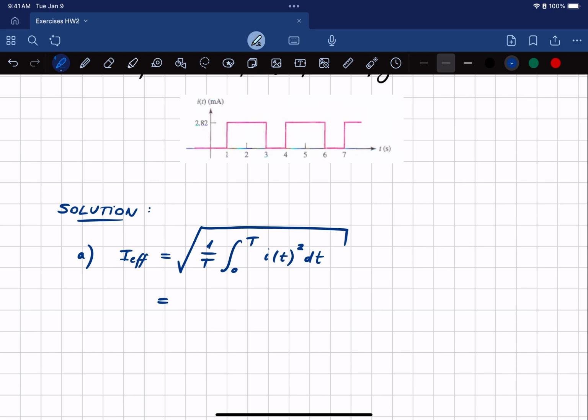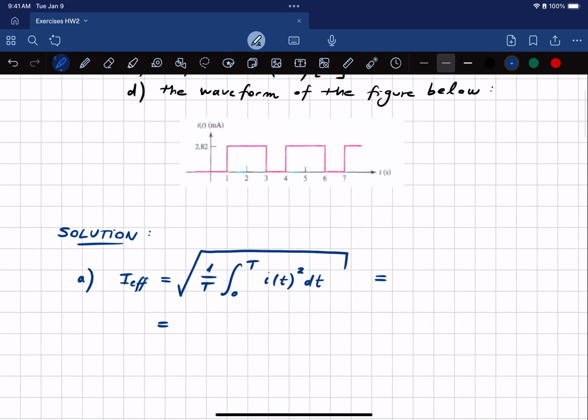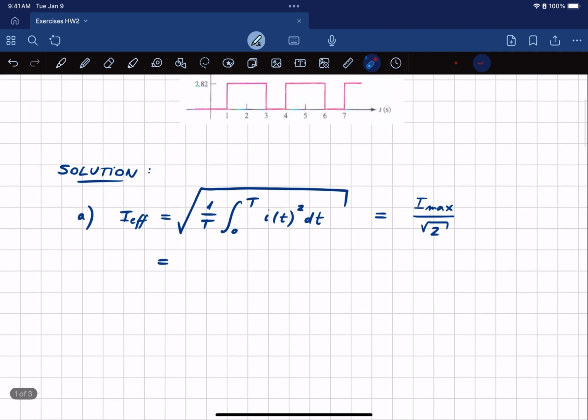Probably you already know that the effective value of a pure sinusoidal wave, sine or cosine, is gonna be its maximum value, in this case I max, over the square root of 2. That's a very well-known result. I don't know if you went through it in class, but I'm going to show you with this exercise how it works. So let's go through it.